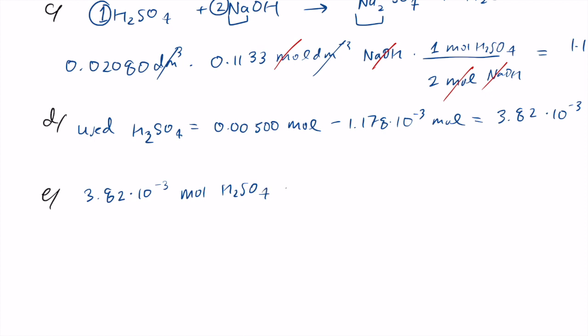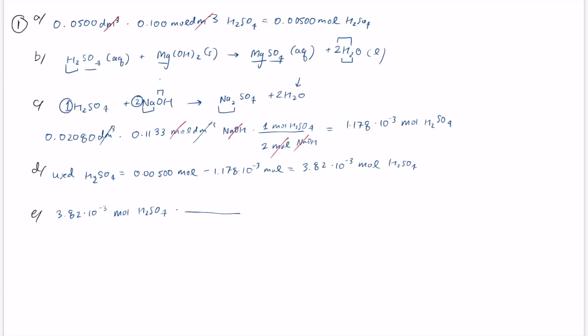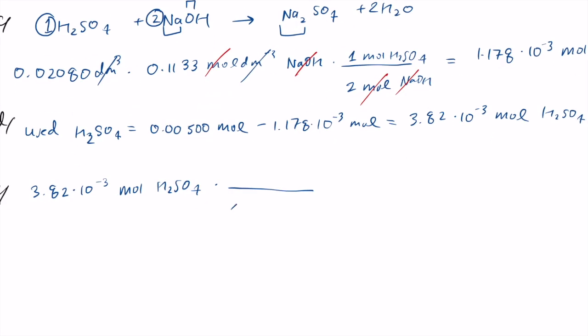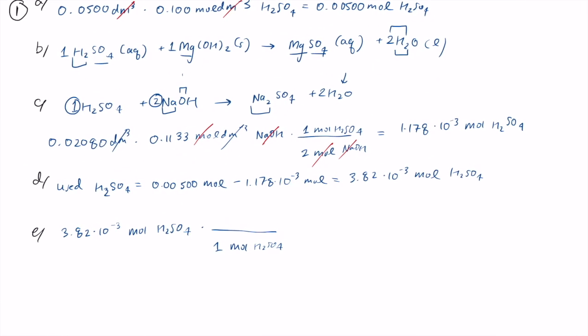And now we need to use the mole bridge to get to the mole MgOH. So if we go back here, there's a 1-to-1 ratio. So we have 1 mole H2SO4, and our ratio as well, 1 mole MgOH. And really, this leaves us with moles MgOH, but we're not done there.